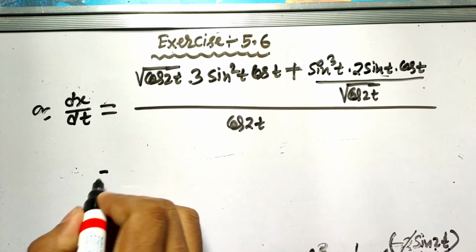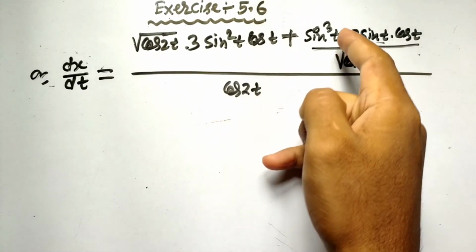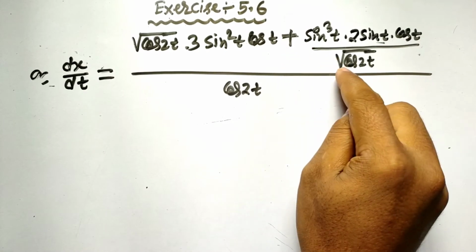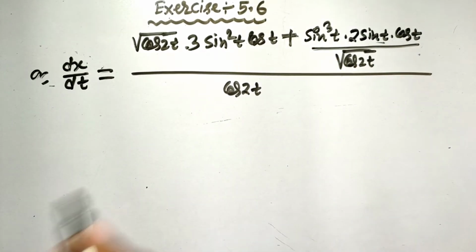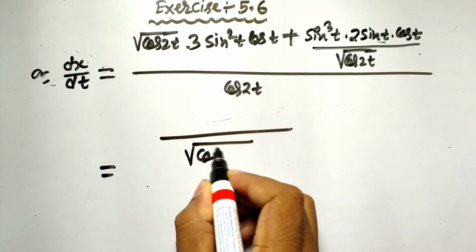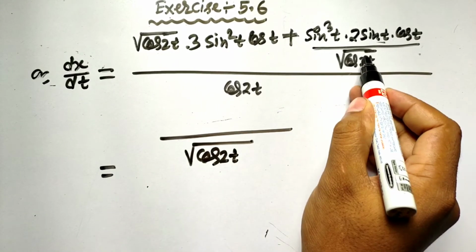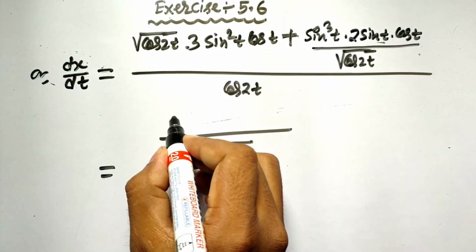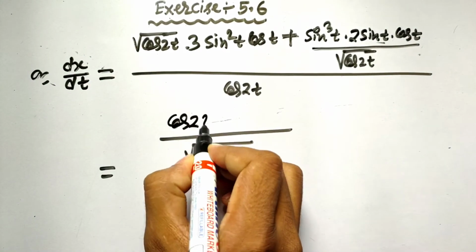So equal to, next you can do the LCM in the numerator. What's your LCM? Root under cos 2t is your LCM. So just take the LCM in the numerator. So root under cos 2t into root under cos 2t, that is cos 2t.